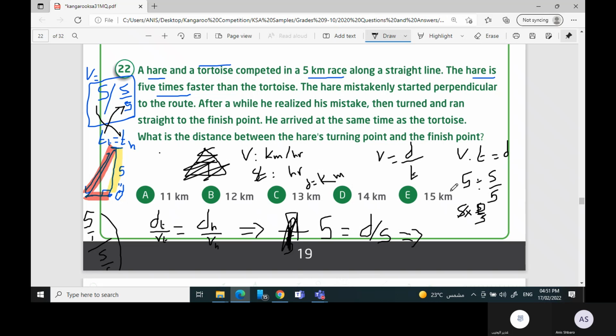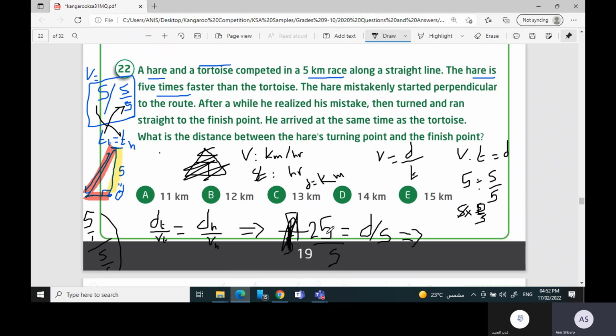Okay, so this one is 5, as you can see. So of course, 25 over S is equal to the distance over S. So of course, both sides are divided by the same number.